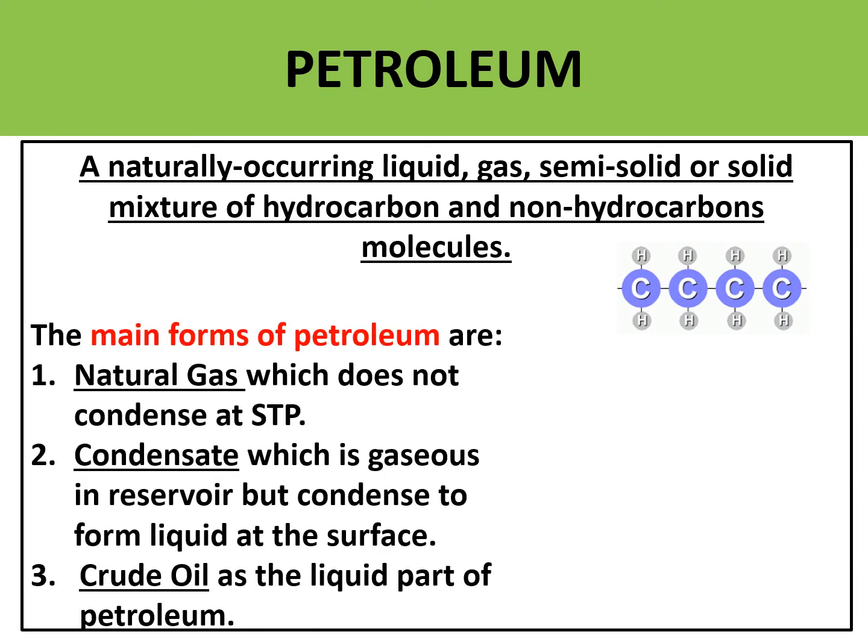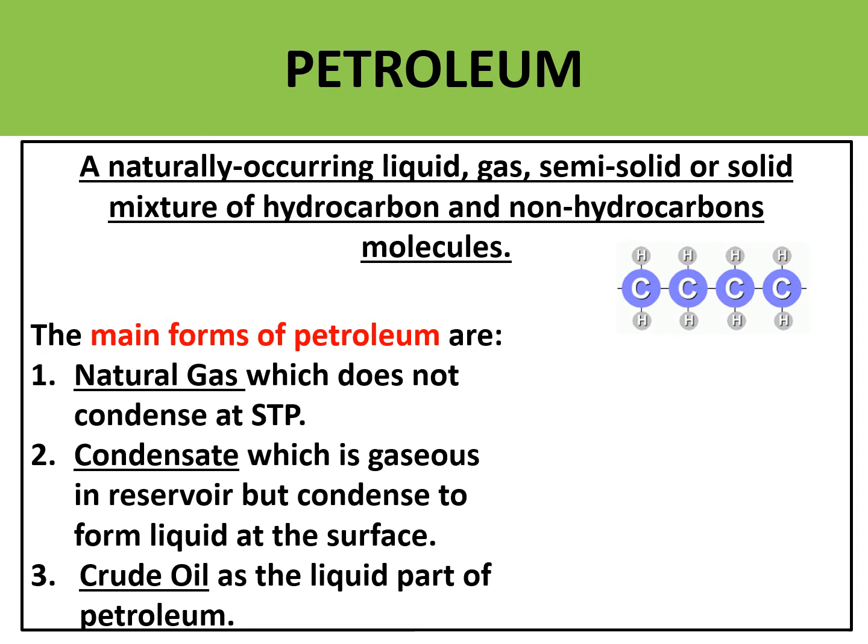While in accumulations, you might find any of these three forms of petroleum, maybe all or maybe any one of these. First, natural gas, which does not condense at STP. STP here stands for standard temperature and pressure.